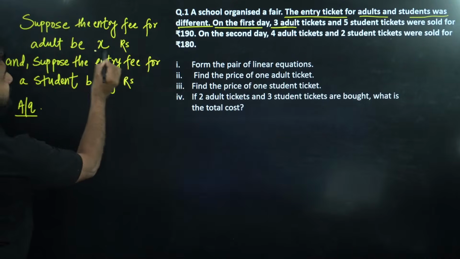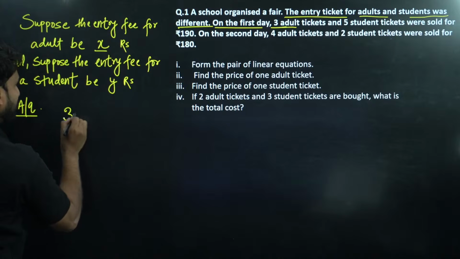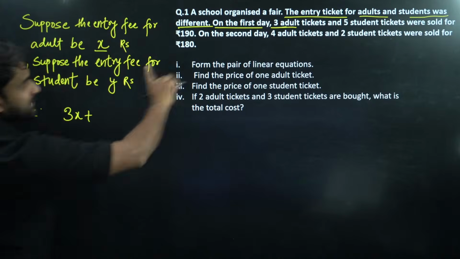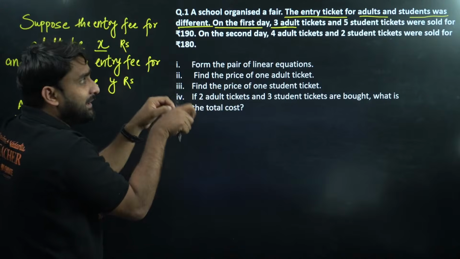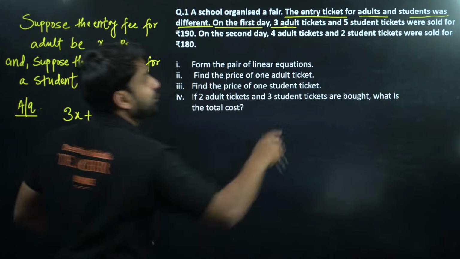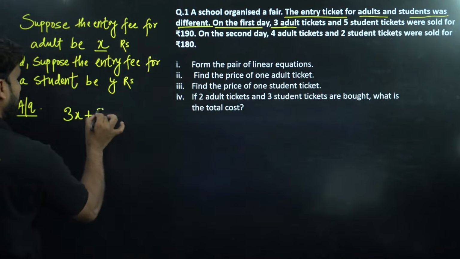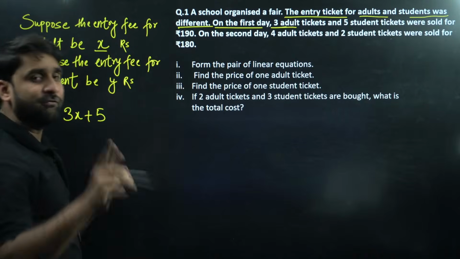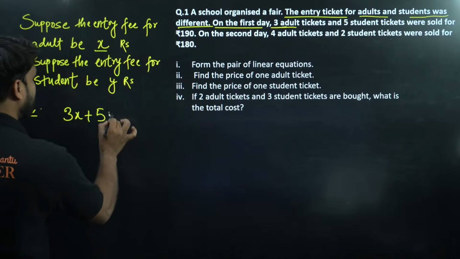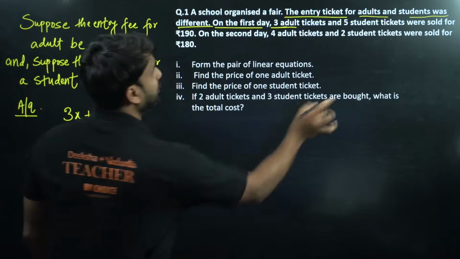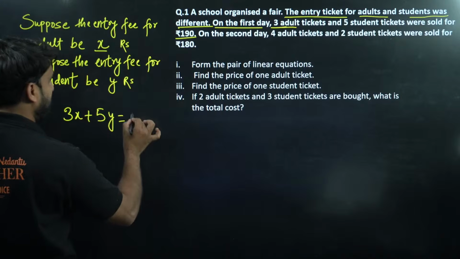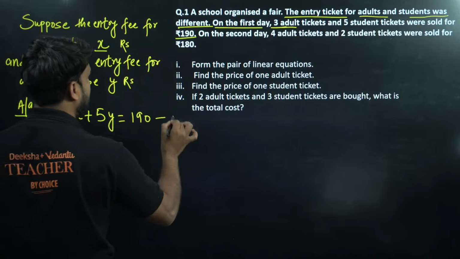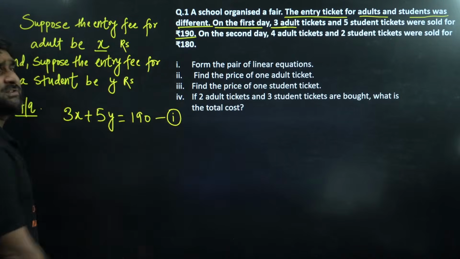We have supposed for one adult X, so that will become 3X. Plus, because adults and students both are getting entry combined, 3X plus 5Y. 5 students are there, and Y rupees is required for a student. So 3X plus 5Y will be equal to how much they have paid? Yes, rupees 190. So 3X plus 5Y is equal to 190. This is the first equation.